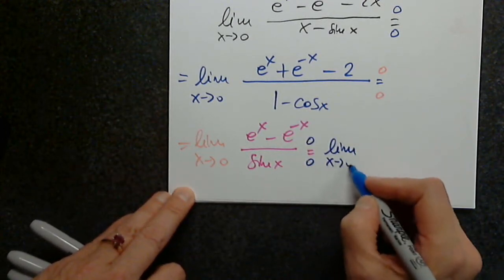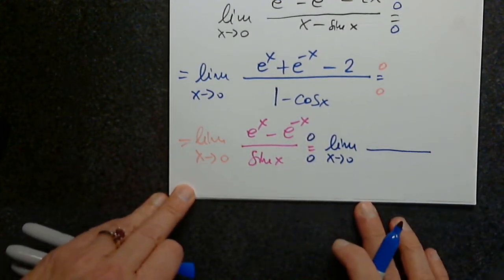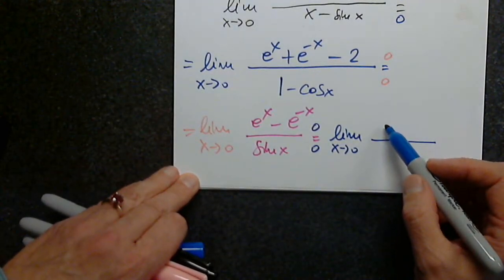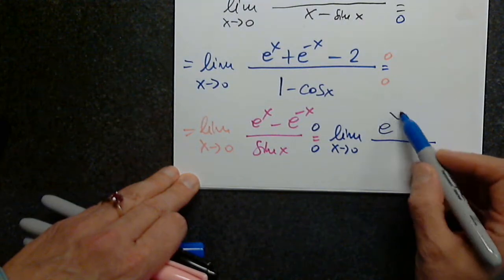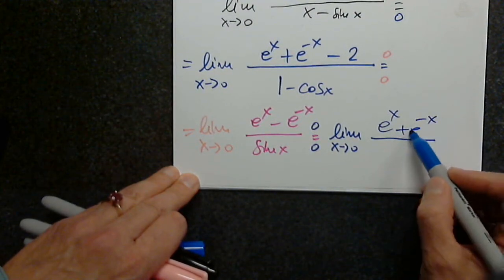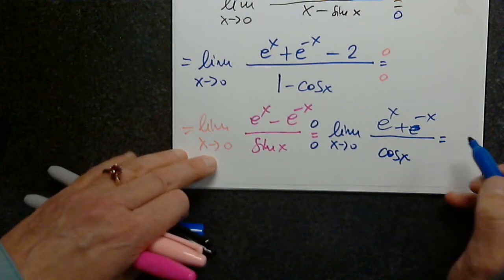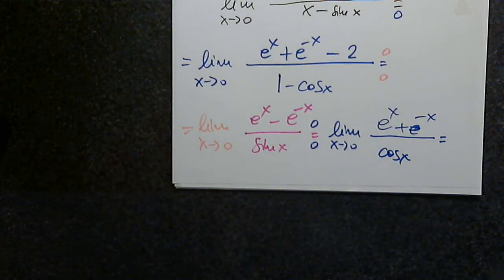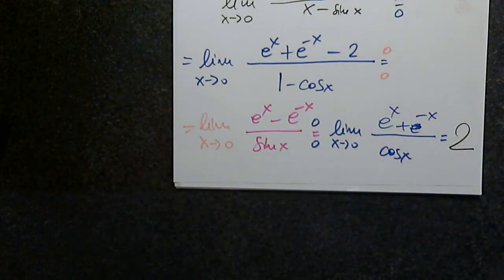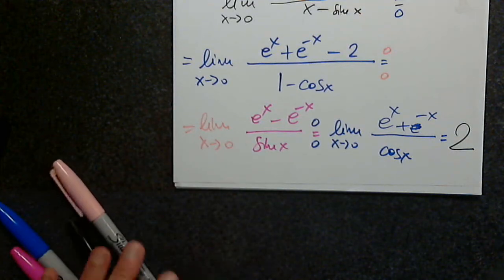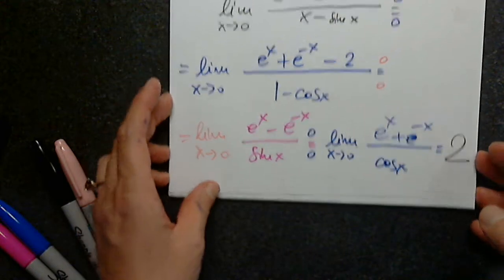Limit as x approaches 0. Over. Very good. Finally. So what's the top? What's the bottom? Very good. Awesome. It took us a while, right? We had to apply L'Hopital's rule several times, but we got it.